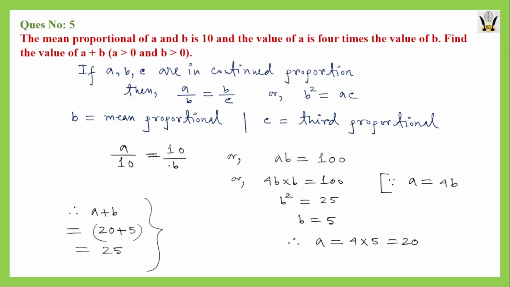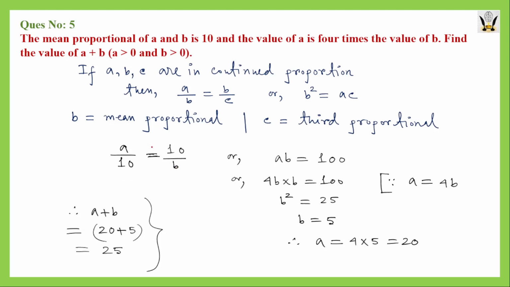So in the general format that we have taken a as a, and b is equivalent to c here. So don't get confused here. So henceforth we will be taking b as our third proportional.